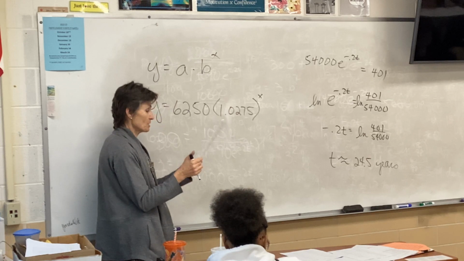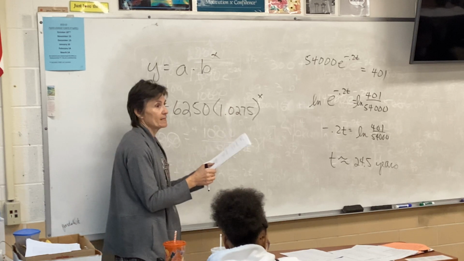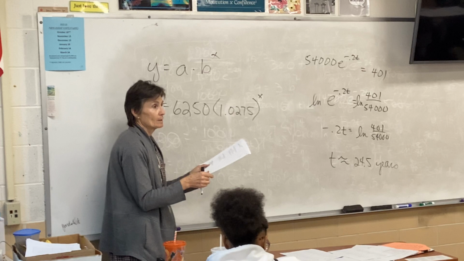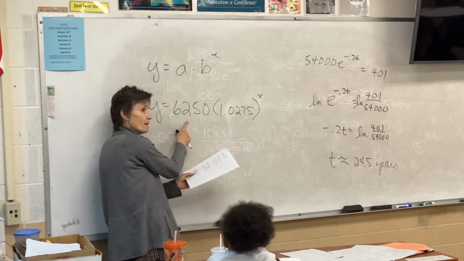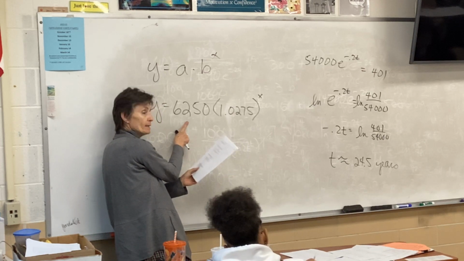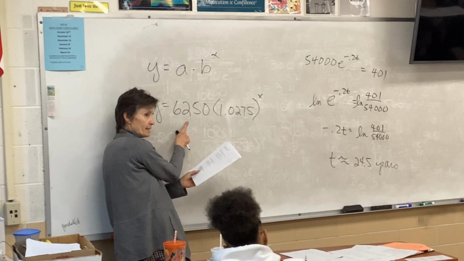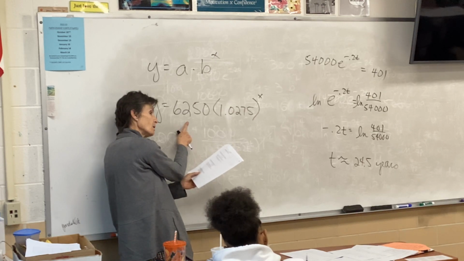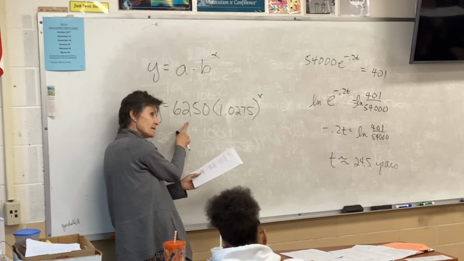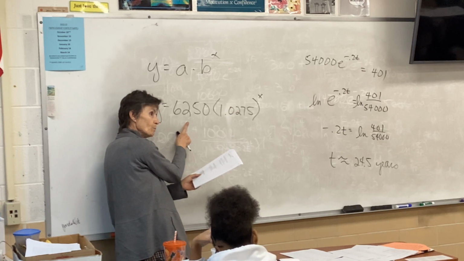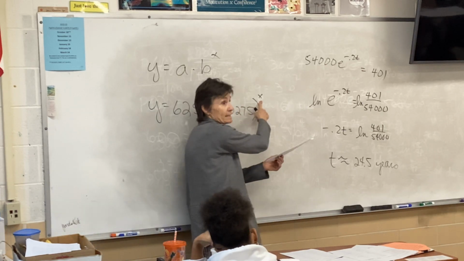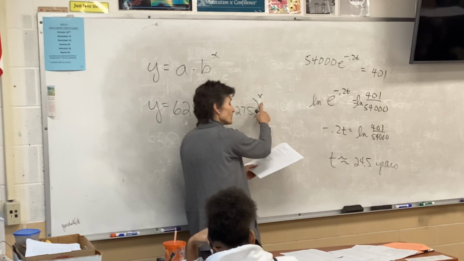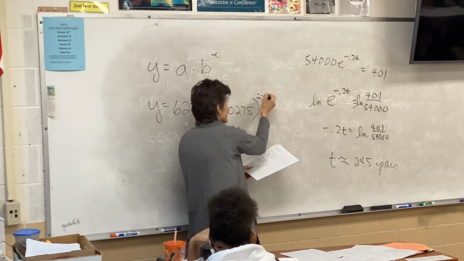Okay? Now, estimate the population in 1915. Well, what was this? This was the population in 1890. So if we want to go to 1915, we would let X or T be 25. Does that make sense to everybody?